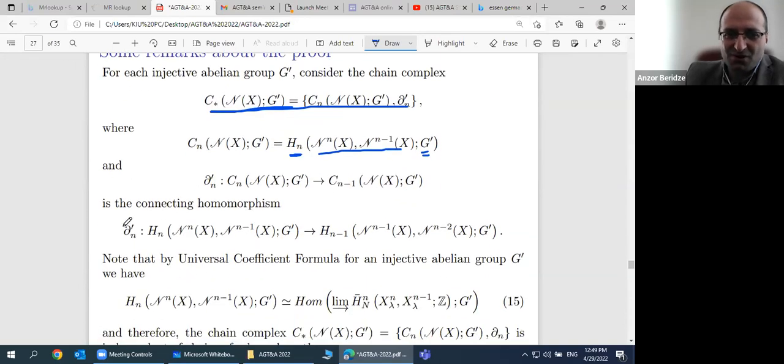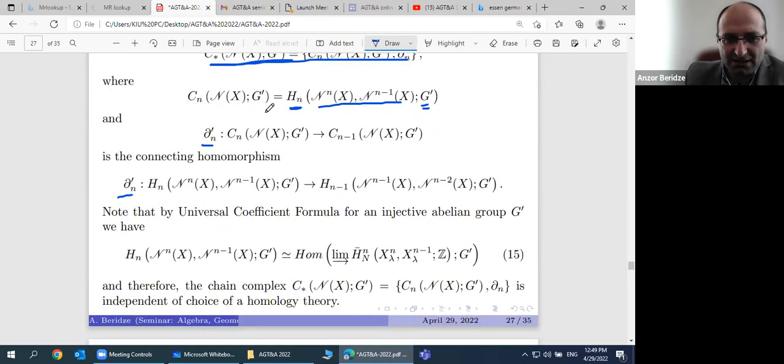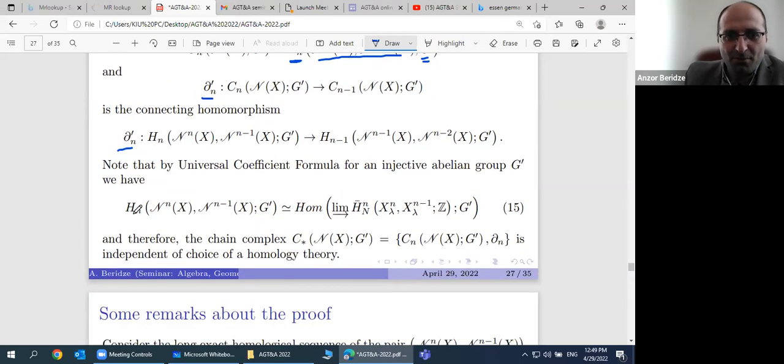And of course, I can construct it using the connecting homomorphism, this delta homomorphism, and this is a chain complex. And essential is that the homology group of this pair can be written as a hom of the limit of cohomology. So it does not depend on the homology. It depends only on the cohomology. So it means that this chain complex is independent of the choice of homology theory.